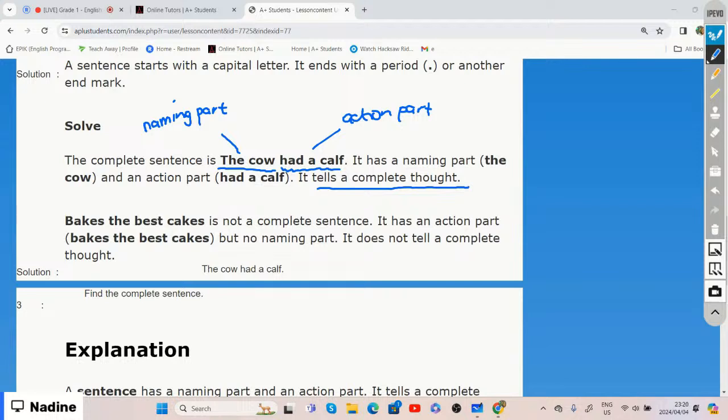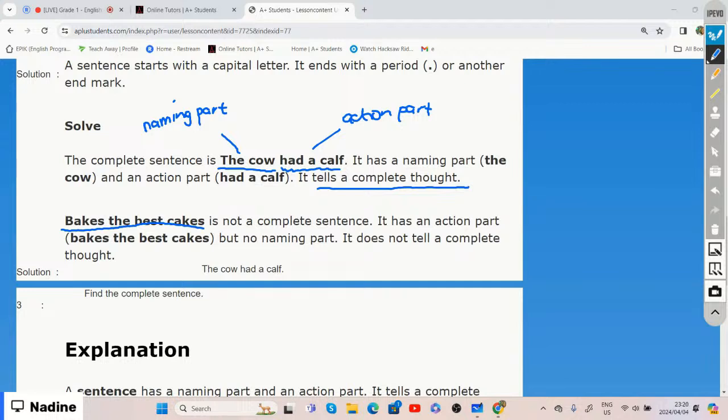And why is it not a complete sentence? It's not a complete sentence because it only has an action part that says "bakes the best cakes." No naming part. And remember, we said that a complete sentence needs to have both a naming part as well as an action part, right?